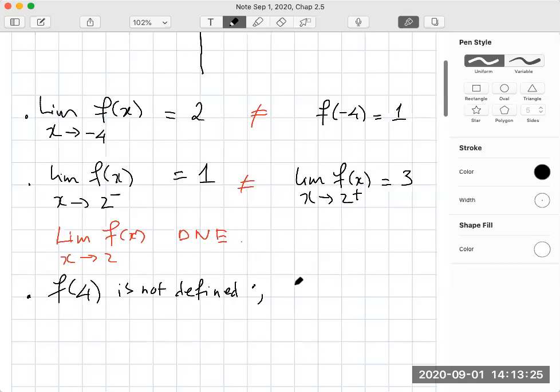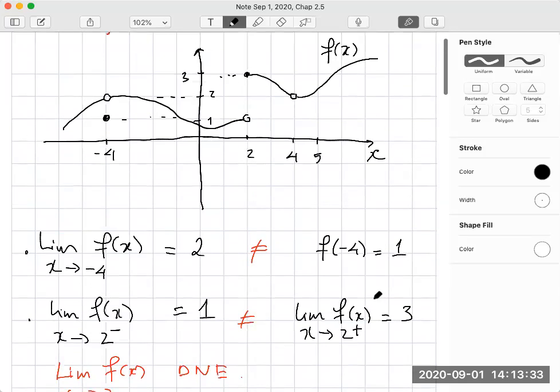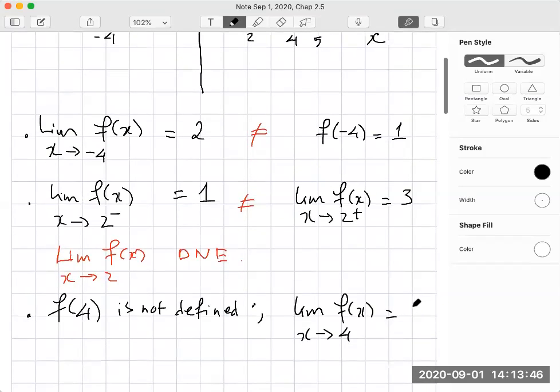How about the limit of the function f of x when x approaches 4? 2, yes, because both the limit from the left and the right approach 2 right here. So there is a limit, but the value at this point is not defined.